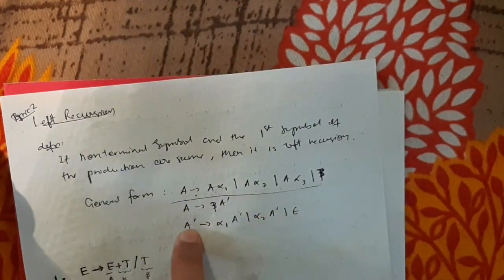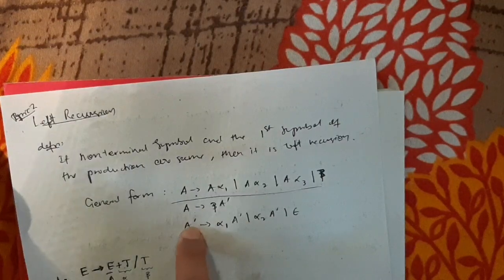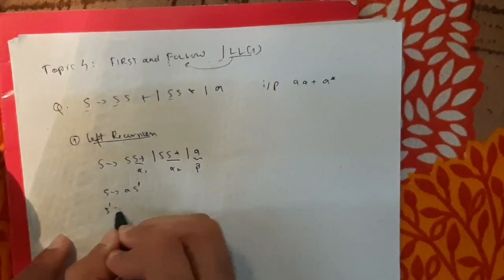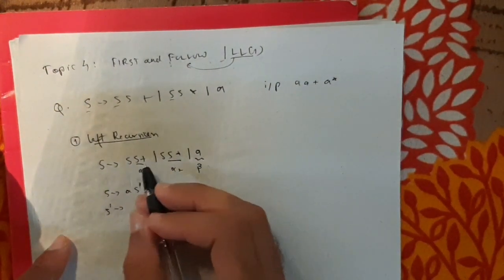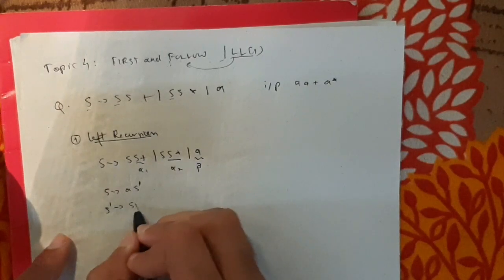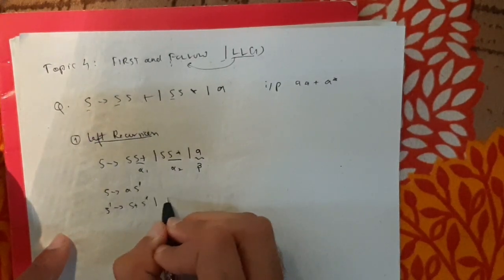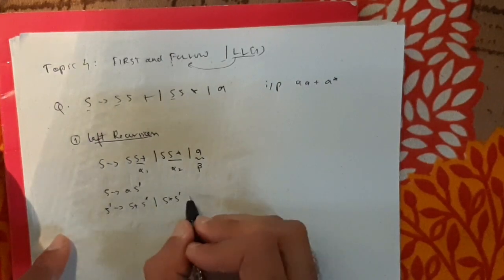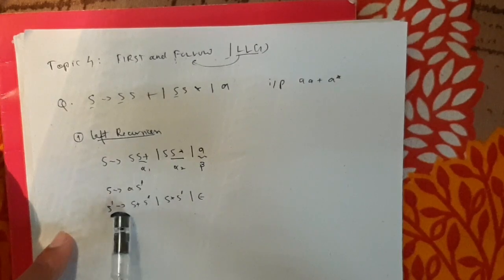Then S' goes to α1S' | α2S'. What are the two alphas we have taken? S' goes to S+S' or S*S', and finally we have epsilon. So these are the two rules which I have generated.